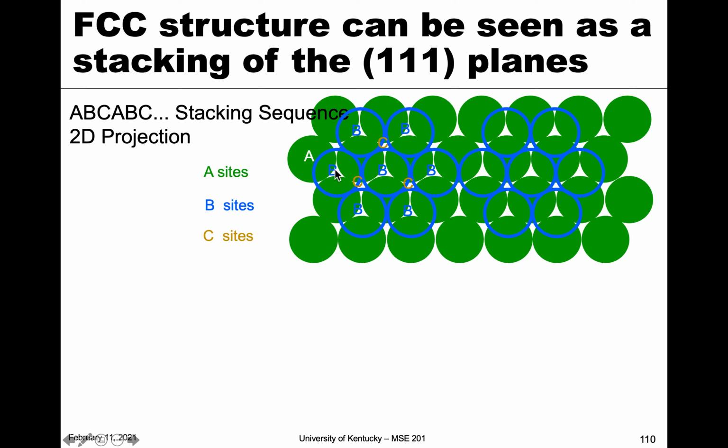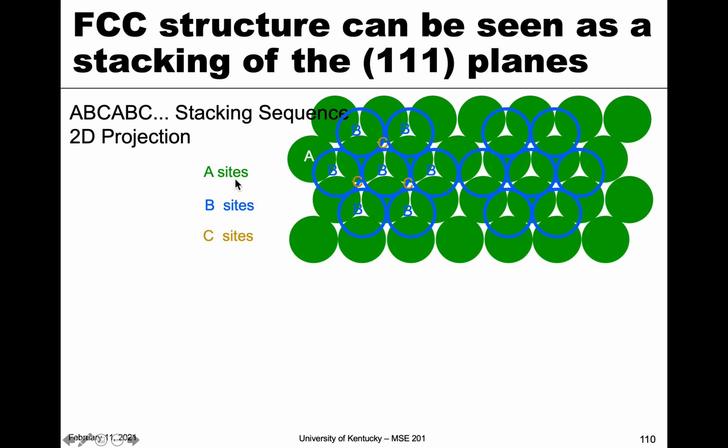One of those interstitial places. So this is where that B atom can nestle down into the lowest spot, into this empty spot above. And so that's what we see with the next plane up. We call those the B sites, whereas the first one we called A sites.